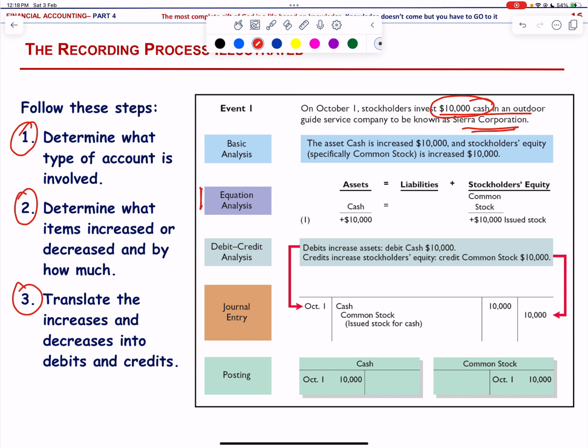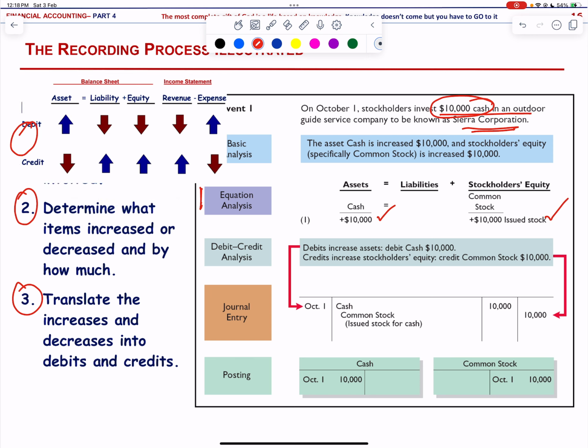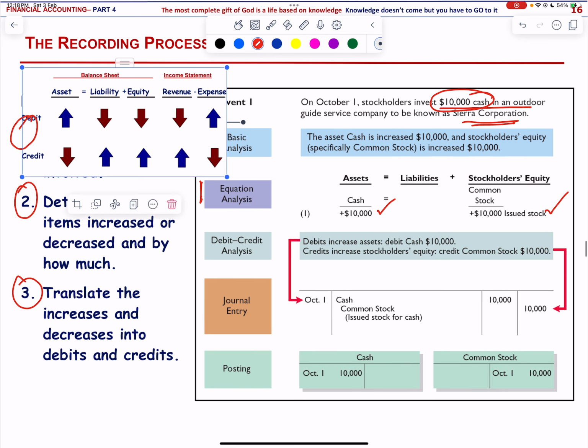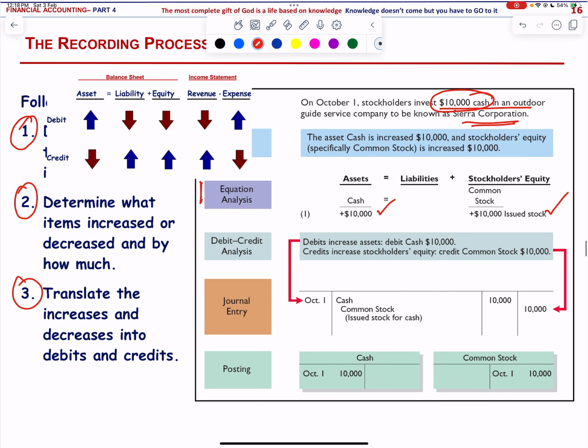An increase in asset is debit, and an increase in equity is credit, and that is what we have done over here.